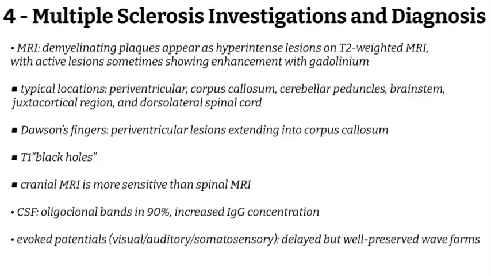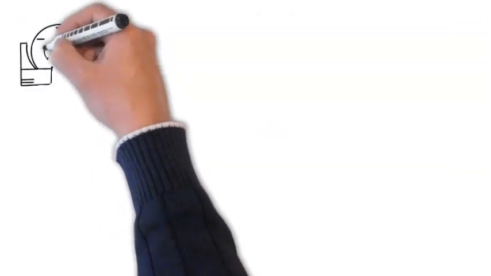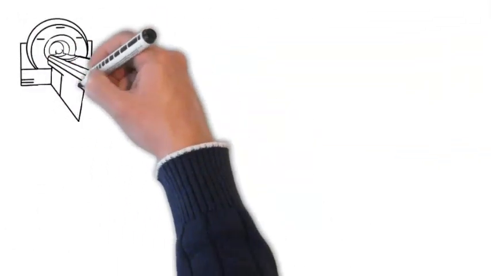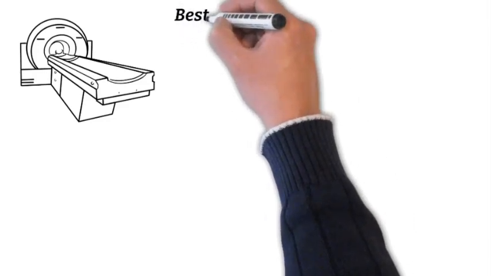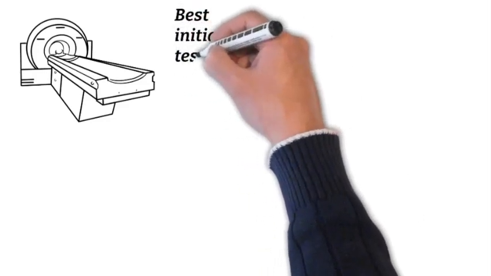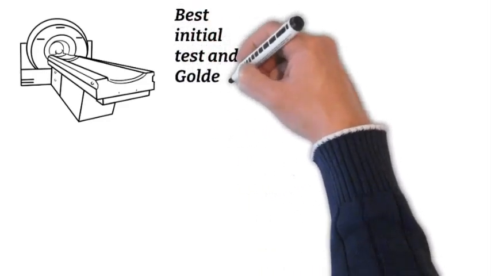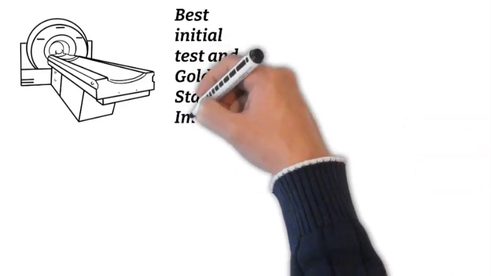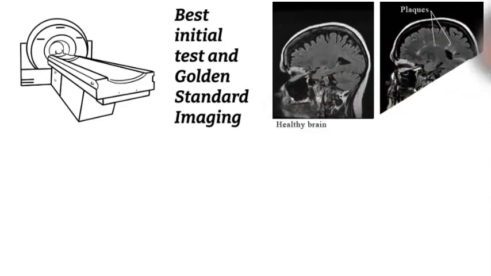Confirmatory investigation will be the lumbar puncture CSF because oligoclonal bands are 90% positive and there will be an increase in IgG concentration. Now, to summarize it and make it very short for you guys, MRI is the best initial test and gold standard test. If they ask you about this, just go for MRI.